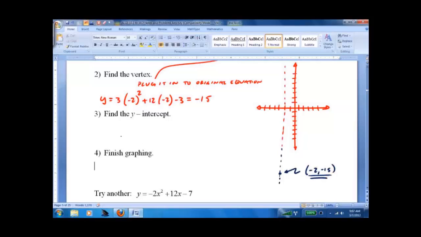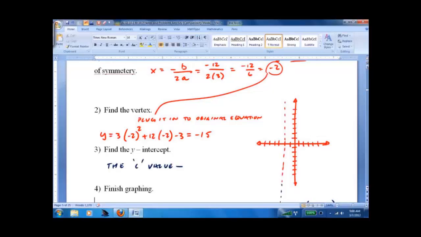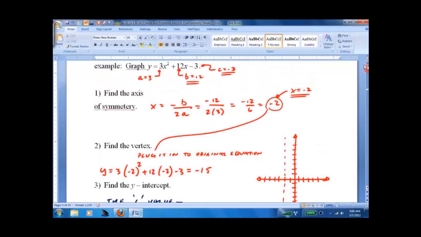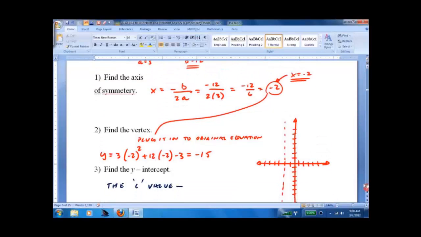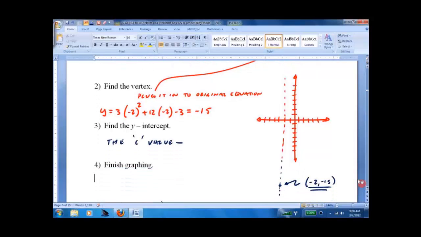Find the y-intercept, which is very easy. It's the c value. You should remember from previous time, negative 3. That it's where it hits the y-axis. It's about here.